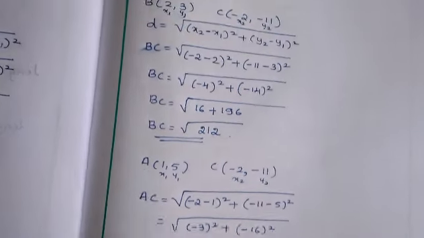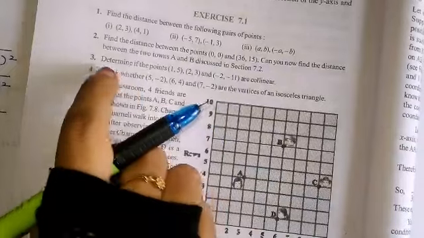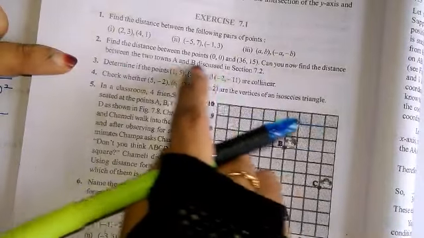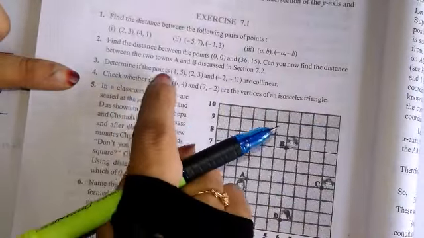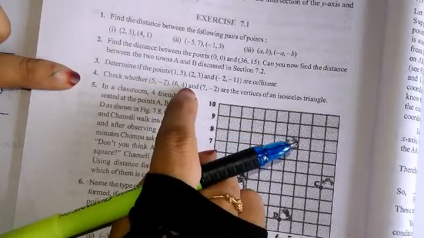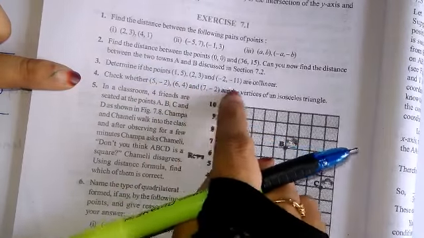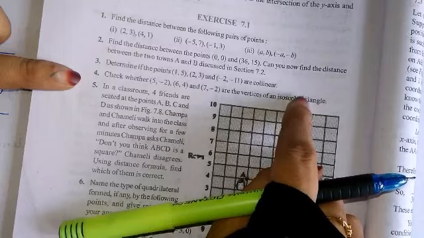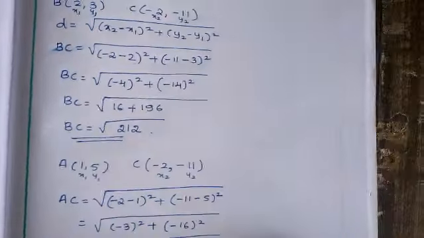Now in the next question, what they have told. Here, check whether it is collinear, we have found. Here, check whether 5, minus 2, 6, 4, 7, minus 2 are the vertices of an isosceles triangle or not. I'll just give you a hint.